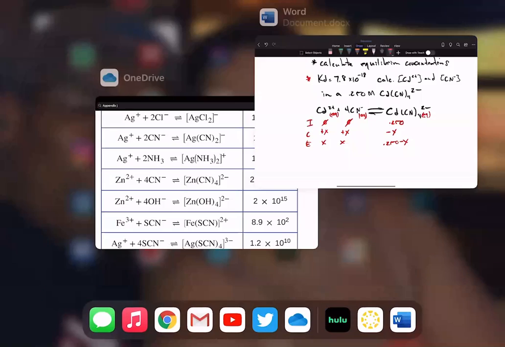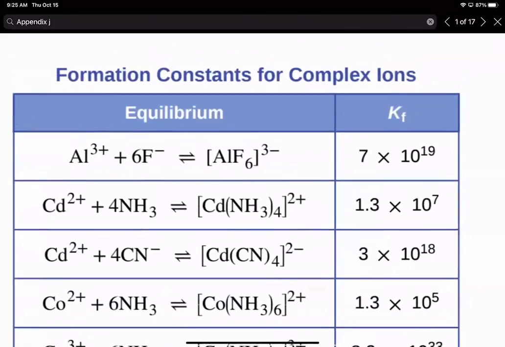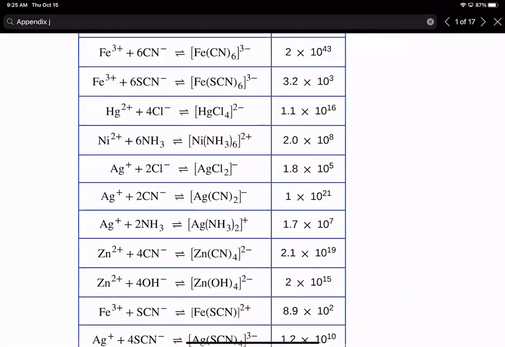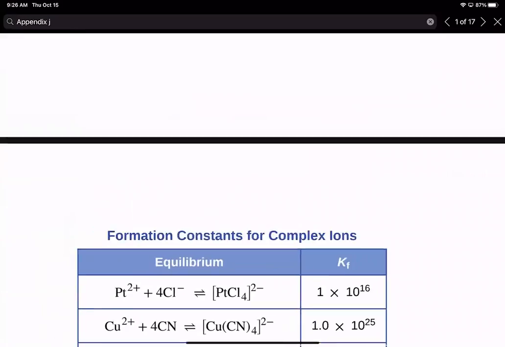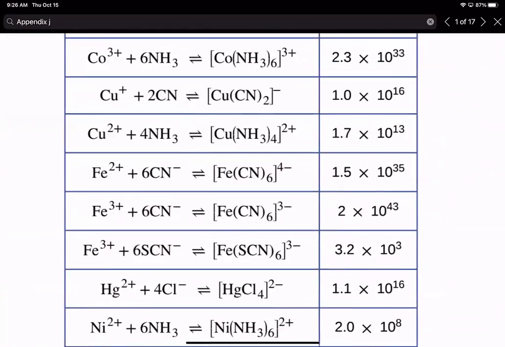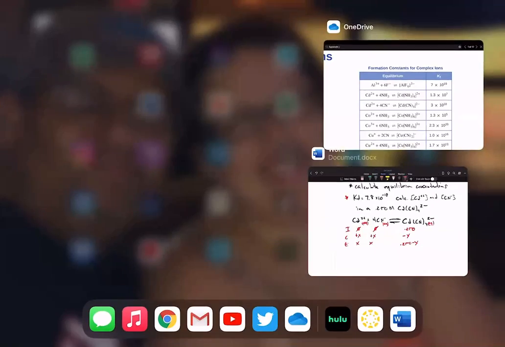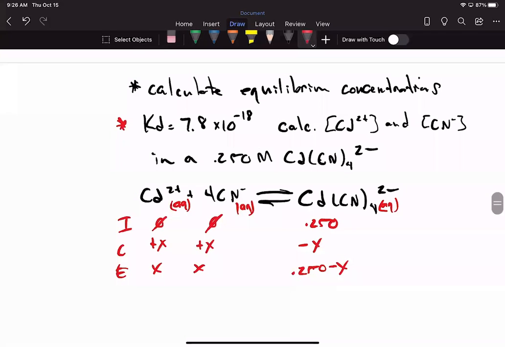I need to double check here that we're not given dissociation constants in another. Okay, so we're not given any dissociation constants. We're only given formation constants, right? Because I have the KD, and we need the KF, that's the reason why it's written this way.